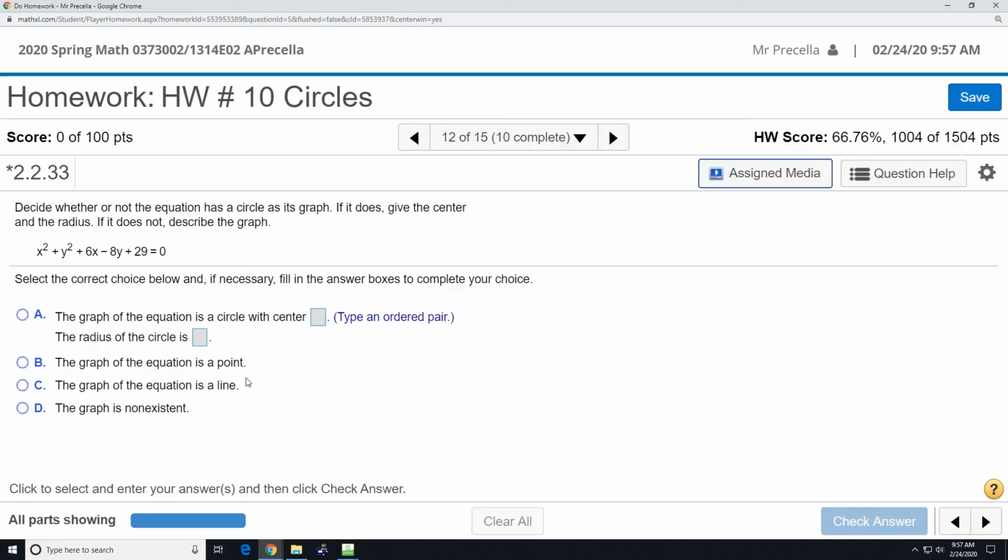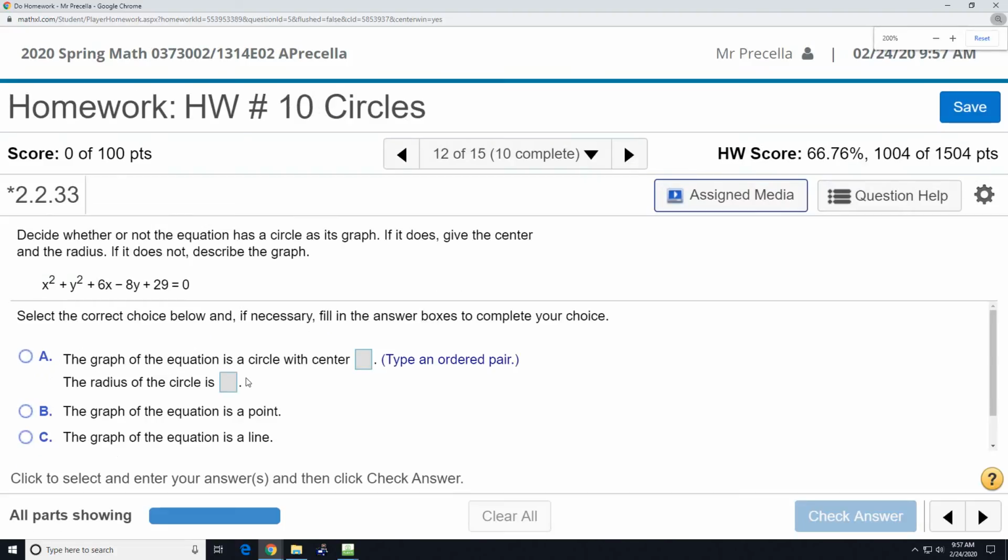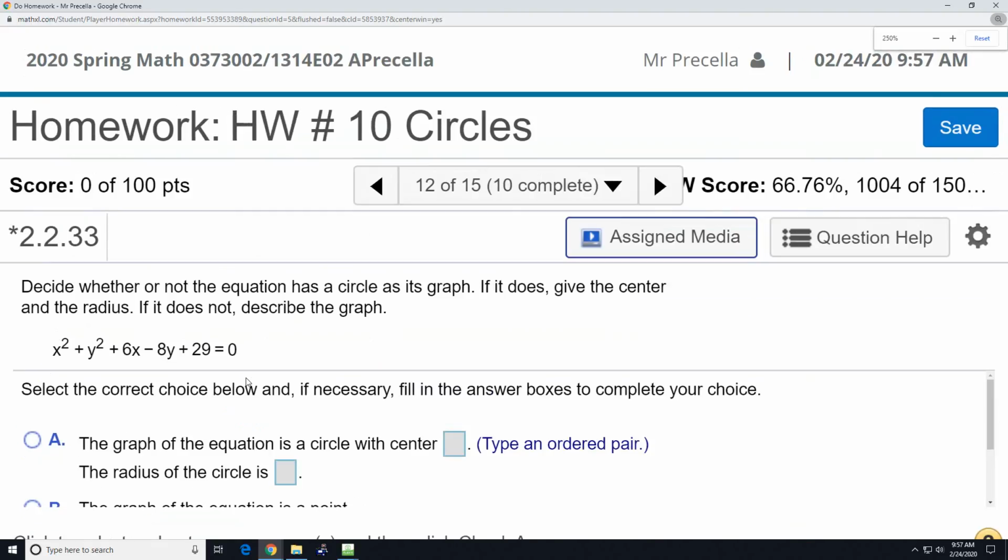X squared plus, let me blow it up for y'all. We can see it a little easier. Plus y squared plus 6x minus 8y plus 29 equals 0.